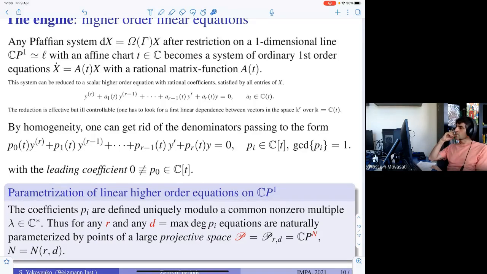And as before, we see that we now will look at all such differential equations, and they are again parameterized by points of the projective space. And every time I'm happy about projective space for one simple reason: it is compact.